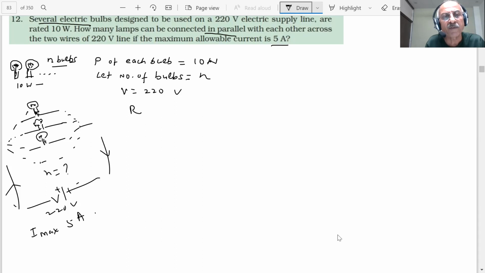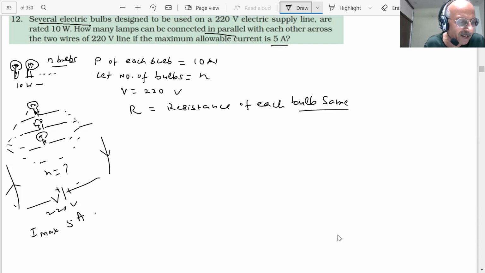R will not change. R, the resistance of each bulb, will be same. Am I right? R will be same. And how do you calculate the R? So first we should calculate the resistance of each bulb.